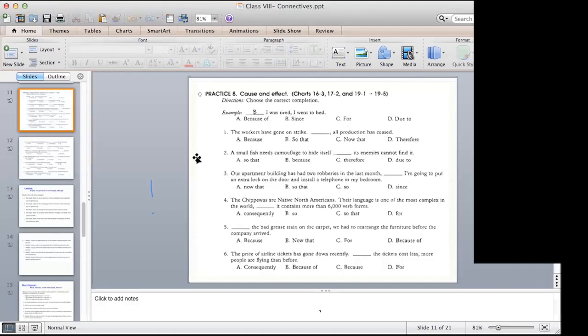That's one sentence. And then we have another sentence. In the second sentence, what do we have? We have the first clause and the second clause, which is the adverb clause and the main clause. So more people are flying than before. Why? Consequently. That's the problem. Now, this is a consequence for the first sentence.